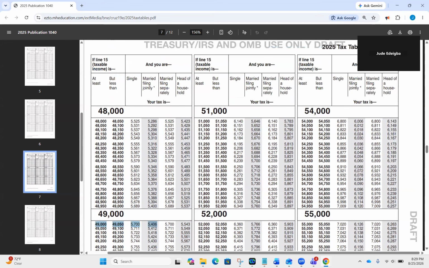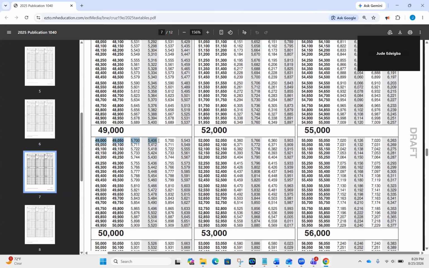So we look at the column, married filing jointly. This is the column that applies to them because the income is within the range of $49,000 and $49,050. That is because the limit of their maximum taxable income is $49,042. So that falls within this range.